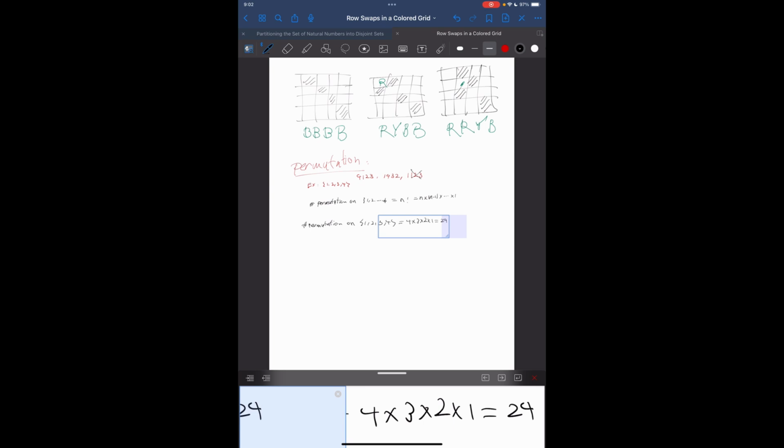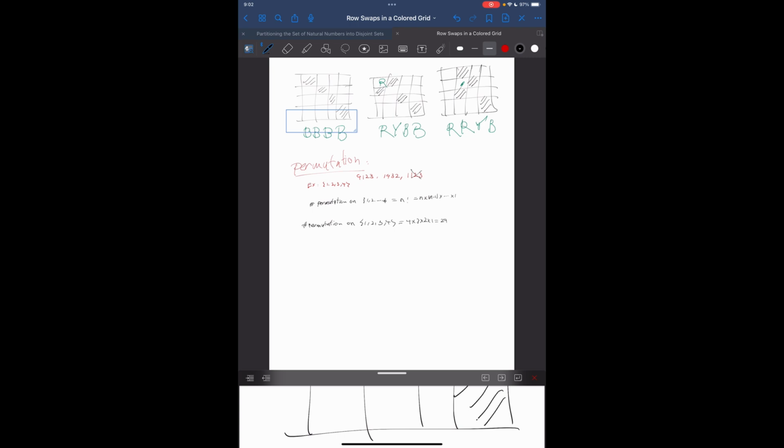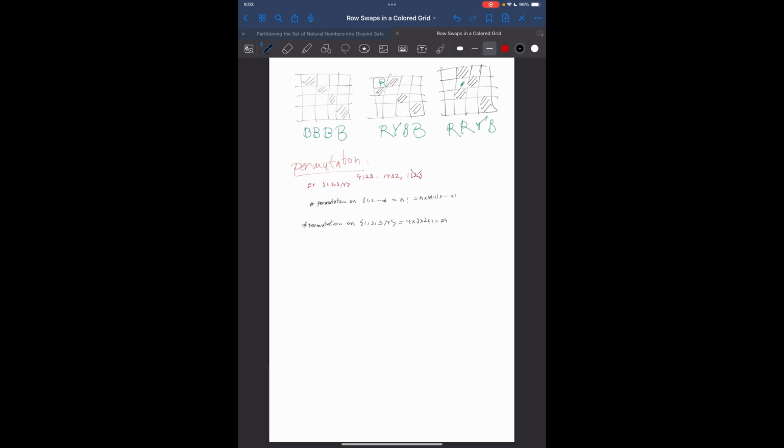Okay, so now why exactly do we have a one-to-one correspondence between this configuration or arrangement and permutation? So here, just look at the location of the blue cell here. 1, 2, 3, 4, right? But here is 2, 1, 3, 4.